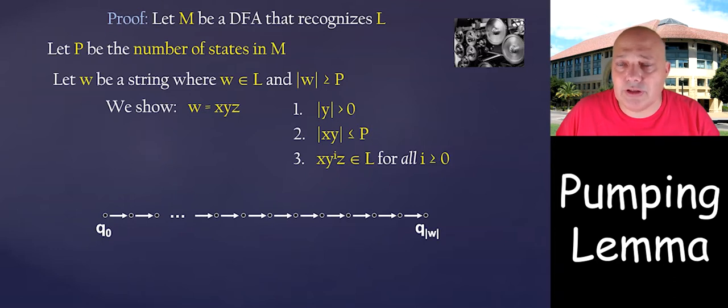Here I'm just using the pigeonhole principle. Look at the first p+1 states that you are visiting. Since there are p distinct states altogether, there must be two locations where you are visiting the same state.